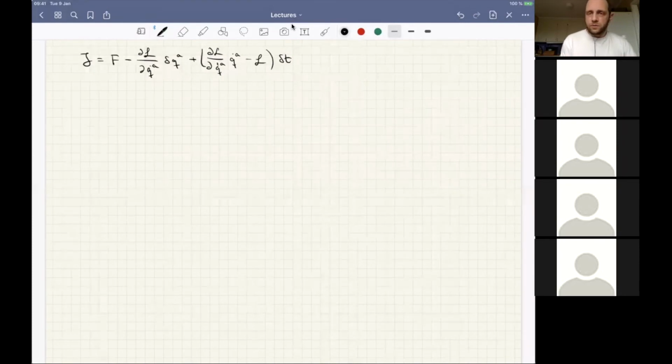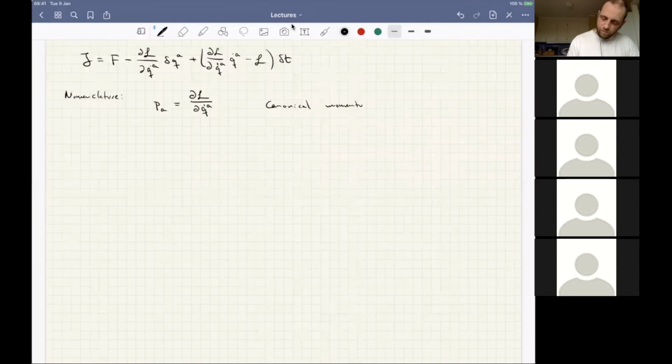I'm going to introduce a bit of nomenclature here. I'm going to define p_A as the derivative of L with respect to q̇_A. This is called the canonical momentum with respect to the coordinate q_A.